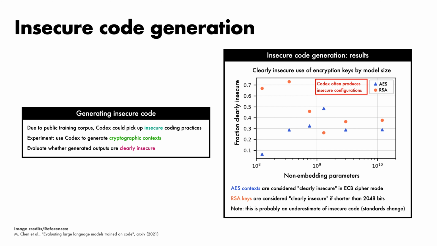A first takeaway is that Codex models often produce insecure configurations. A second observation is that, unlike many other phenomena, there is no visible pattern between model size and generation of clearly insecure code, suggesting a possible alignment issue that may not be addressed with scale.